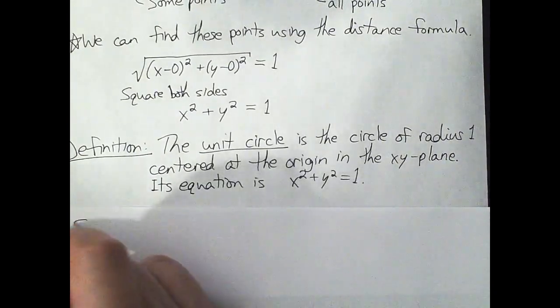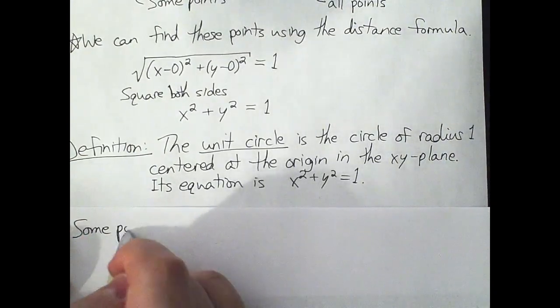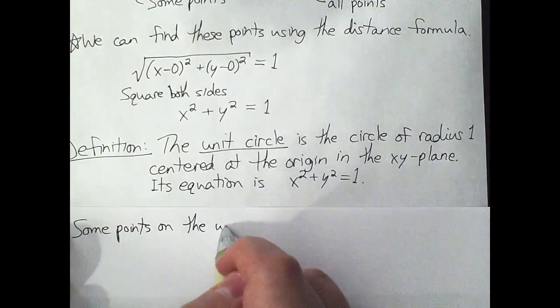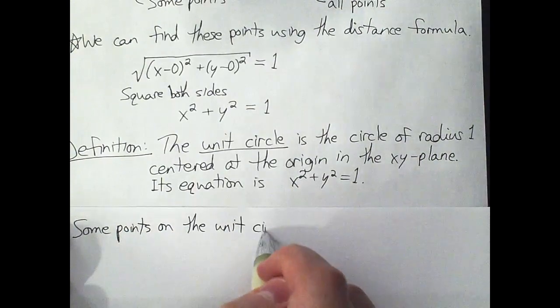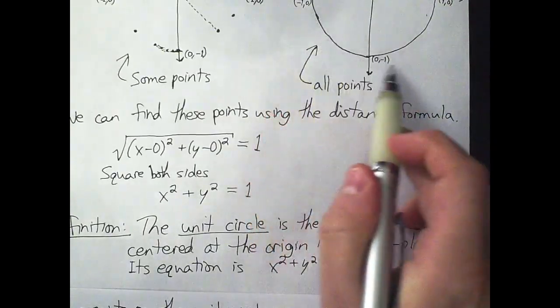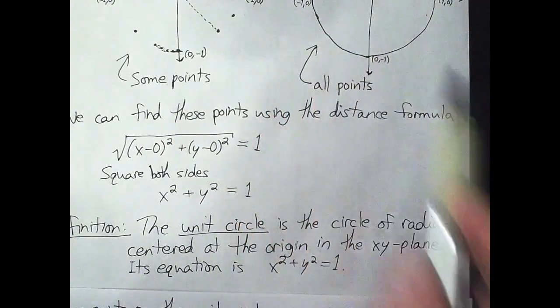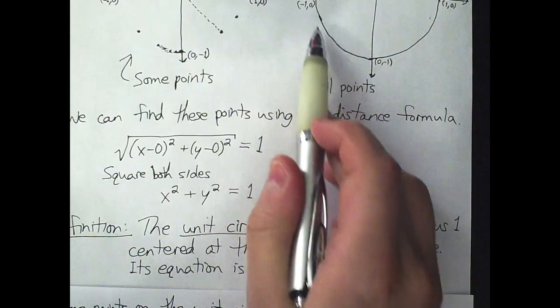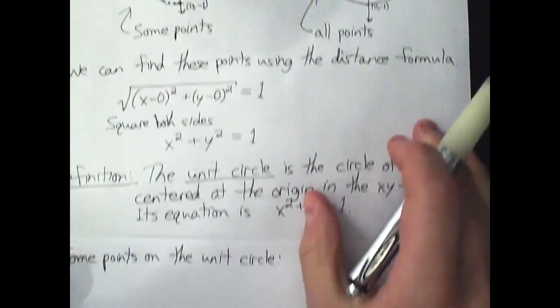Now, we know already we said some points on the unit circle. And just to be clear, the points that make up the unit circle are the things along the perimeter. We're not shading this in. It's not the points on the inside of the circle. It's just the things that are a distance of 1 from the origin.